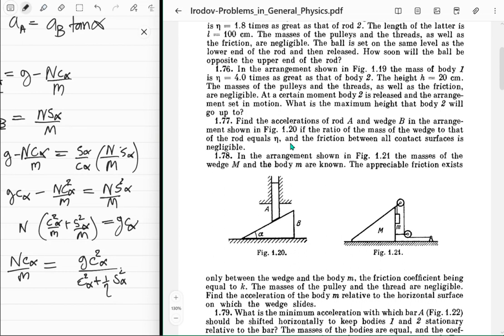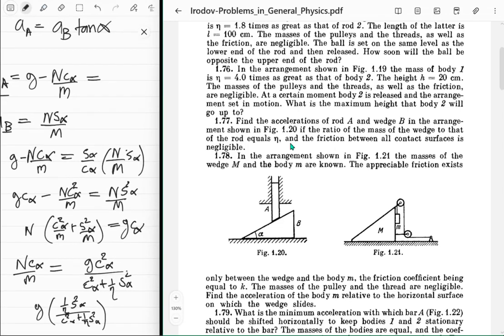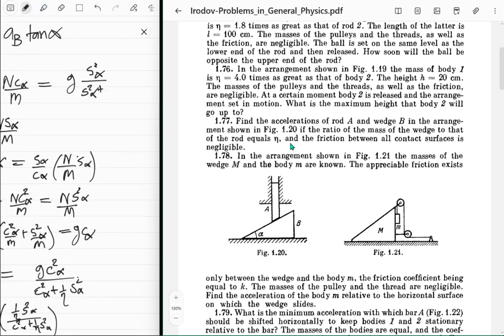G into this in the numerator minus that. It's 1 upon eta sine squared of alpha upon cosine squared of alpha plus 1 upon eta times sine squared of alpha. So we can figure out what this is. I hope it's correct: g sine squared alpha upon sine squared alpha plus eta cosine squared alpha.